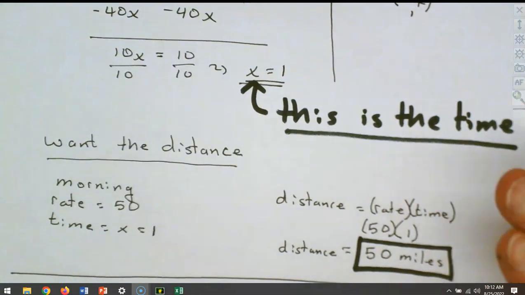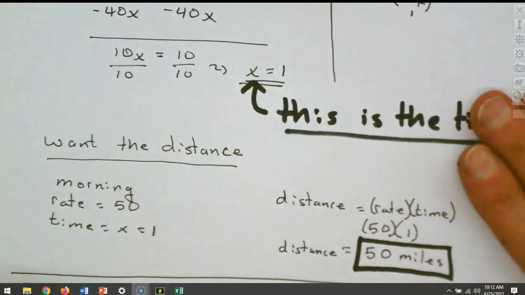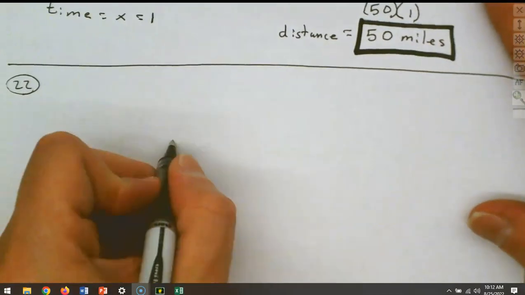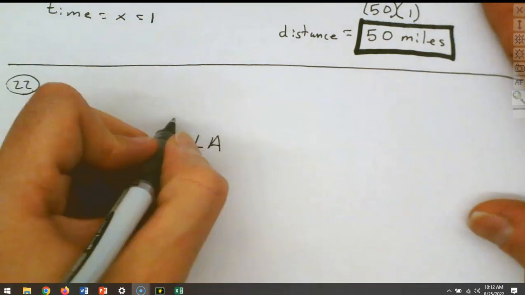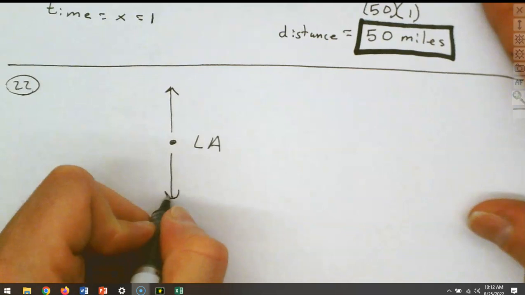So the first thing we look at when we work with one of these is we need to make sure that we draw our diagram correctly. So we're going to start here in LA. So this is where we start. We know one heads north and one heads south.